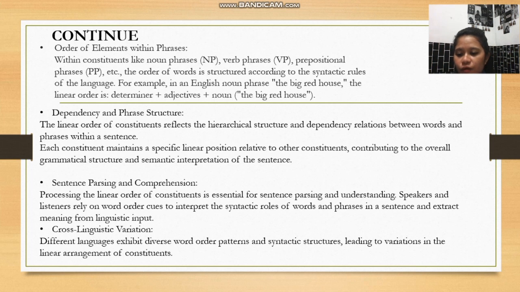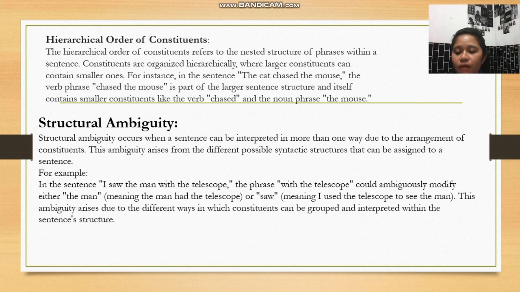Cross-linguistic variation. Different languages exhibit different word order patterns and syntactic structures, leading to variation in the linear arrangement of constituents. Hierarchical order of constituents. The hierarchical order of constituents refers to the nested structure of phrases within a sentence.